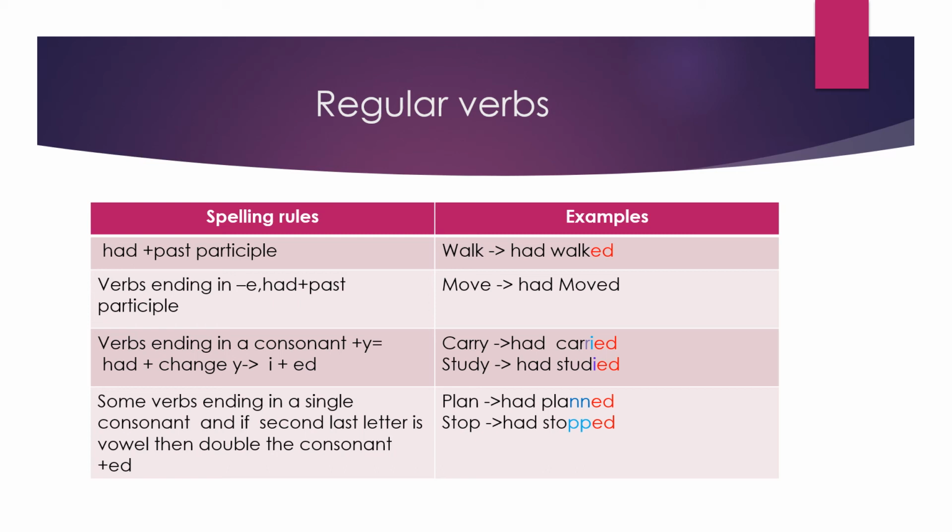Verbs ending in a consonant plus Y, had plus change Y to I plus ed. Carry, had carried. Study, had studied. Some verbs ending in a single consonant, and if the second last letter is a vowel, then double the consonant plus ed. Plan, had planned. Stop.